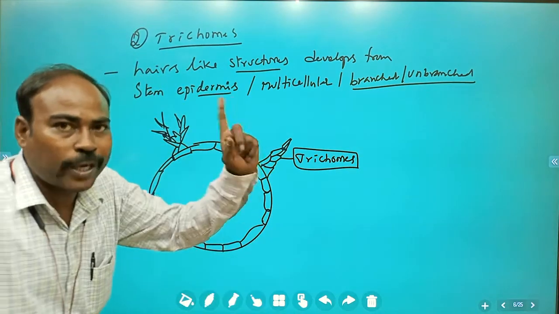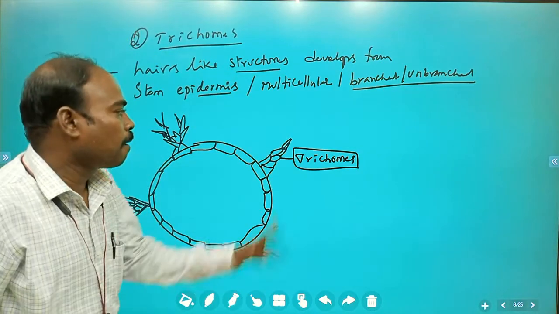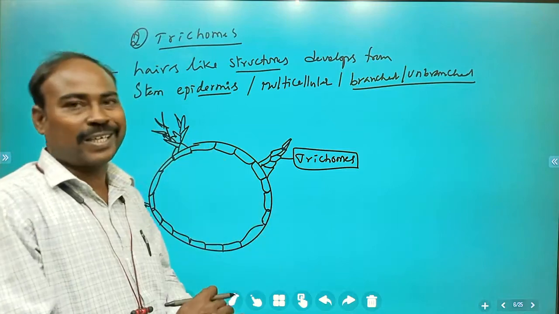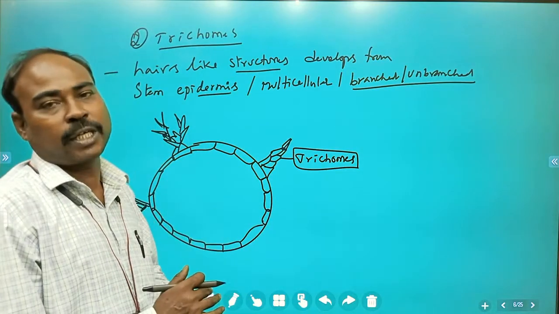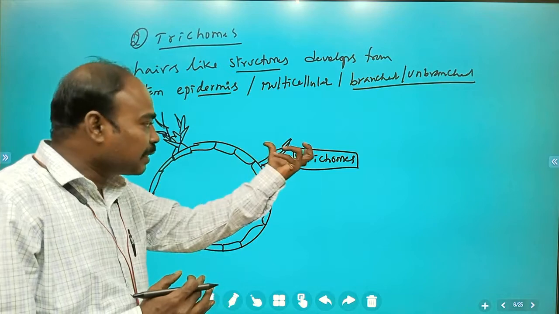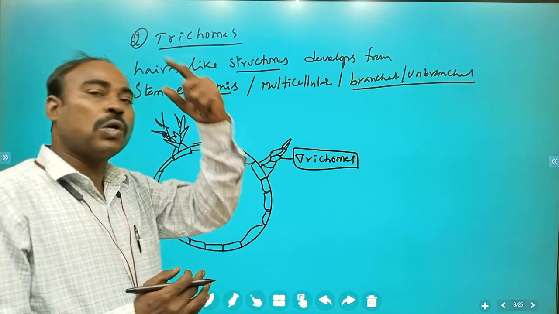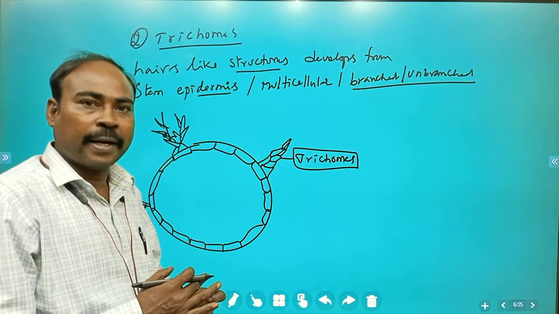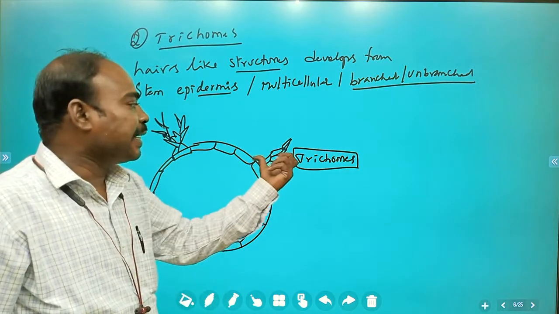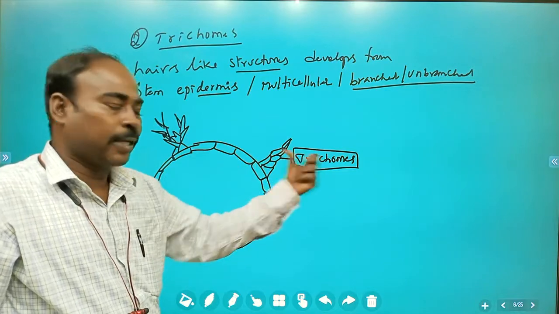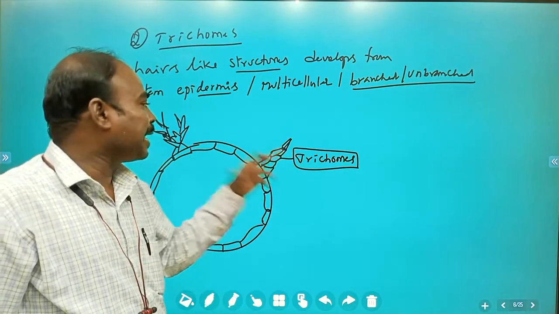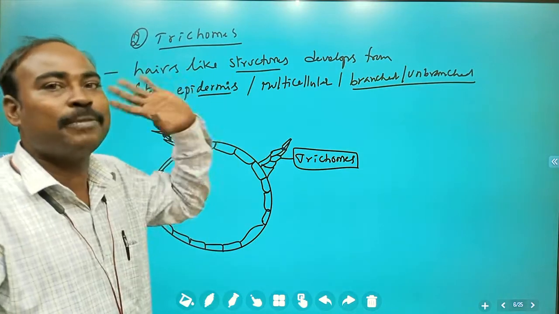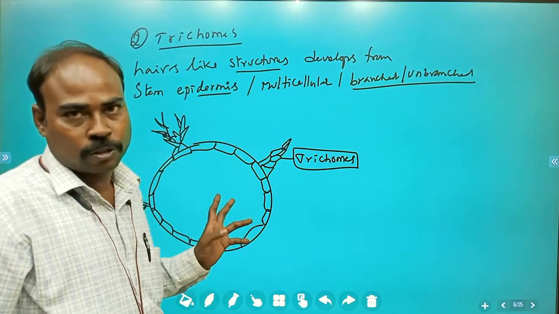which are useful for protection of the epidermal cells and to minimize the rate of transpiration. They also check the entry of disease-causing agents like microbes, such as bacterial and viral infections. So entry of pathogens is also checked by the trichomes, which are branched or unbranched multicellular hairs developed from stem epidermis, generally not in roots.